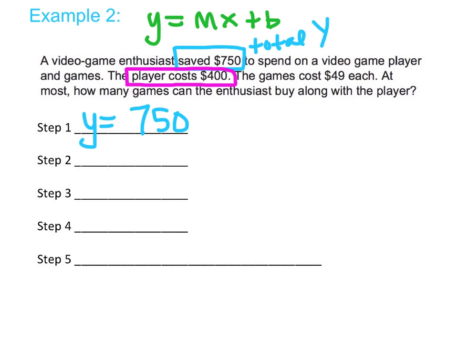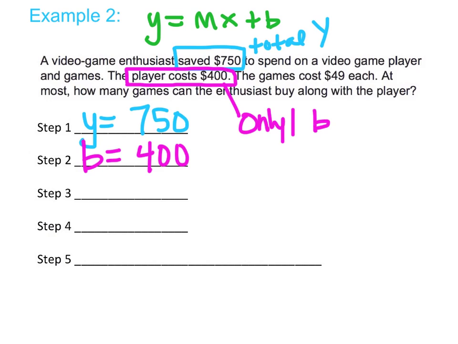You're only going to buy one player because then all the games can be used on that one player. So this is only one. And for us, we said that represents the letter B. I know before step 2 wasn't identify the letter B, but I'm going to put that as step 2 on this one. Letter B, one time I'm going to buy a video game player that costs $400.